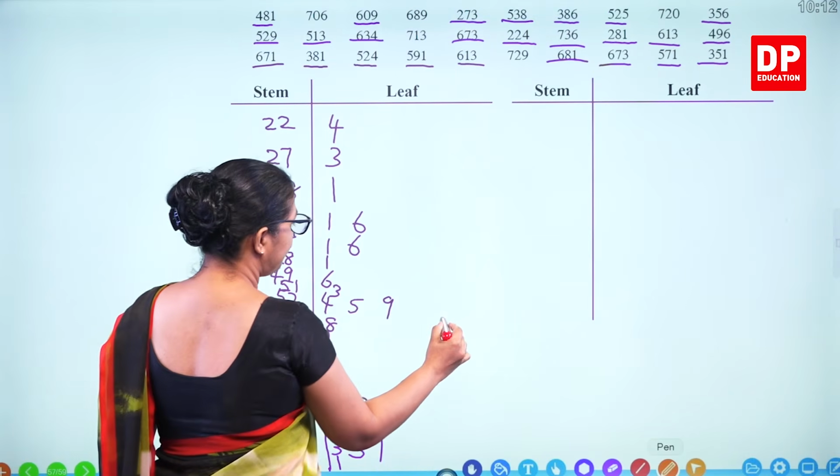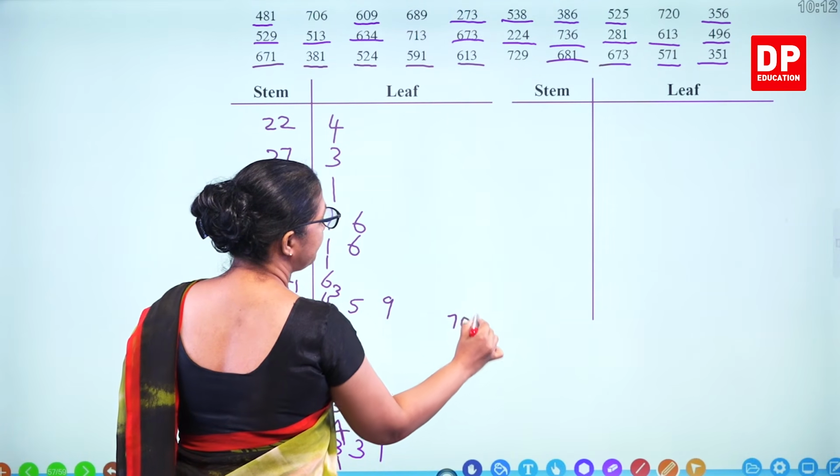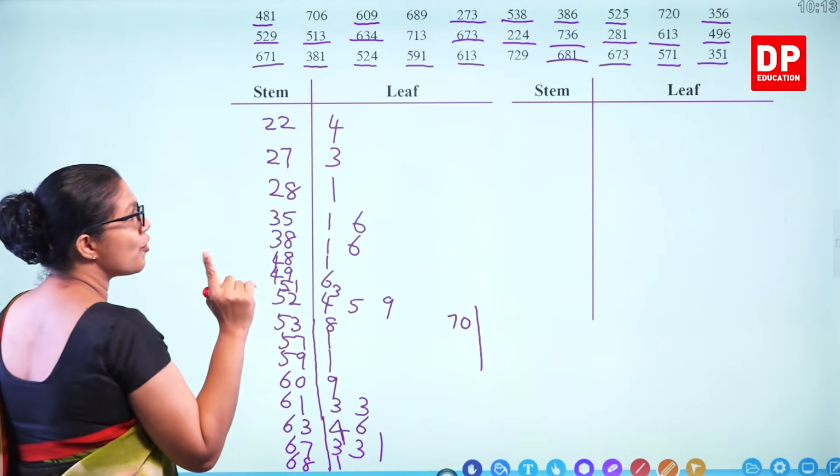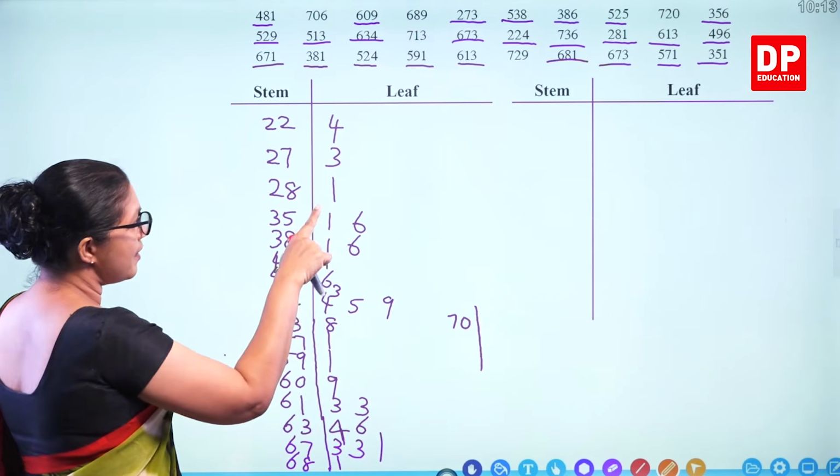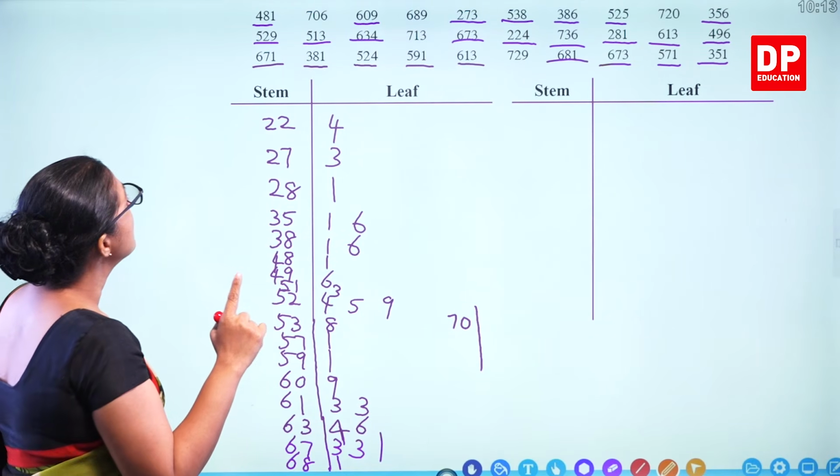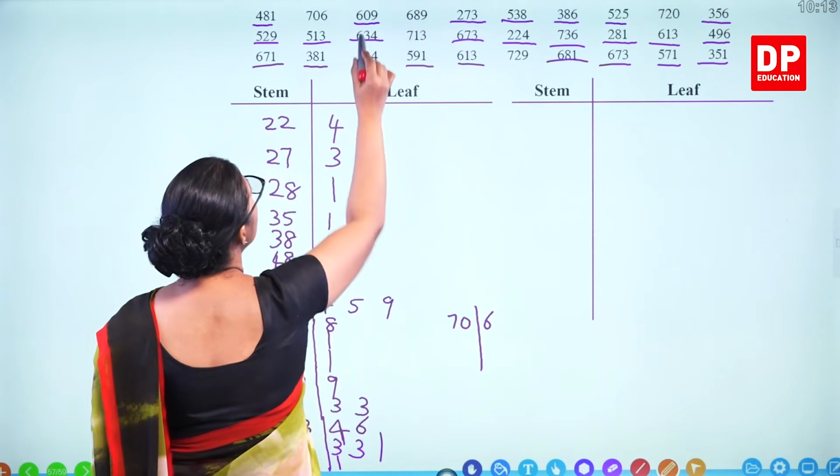70 with, I'll write it here. And when we are drawing the proper one, we'll write down there. 70 with 6 we have.